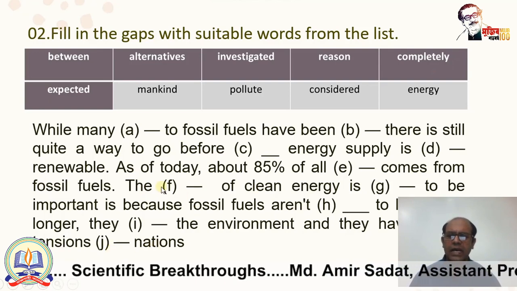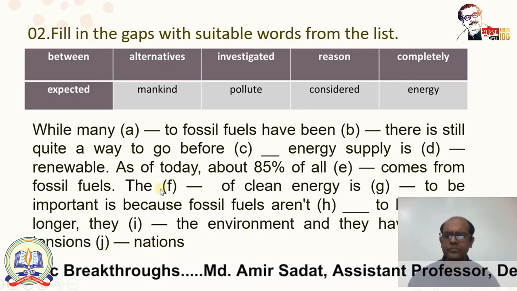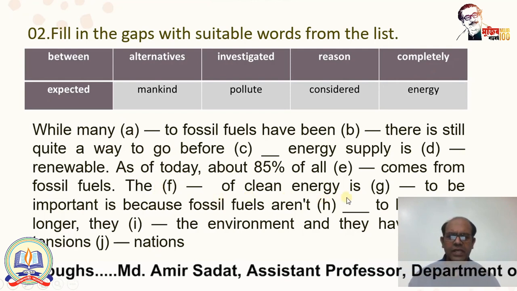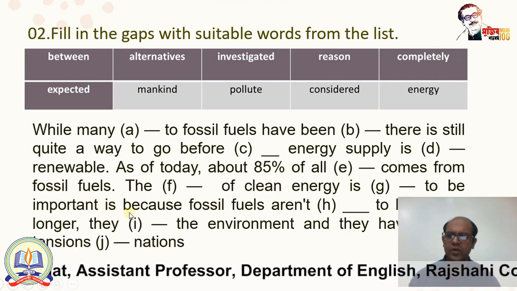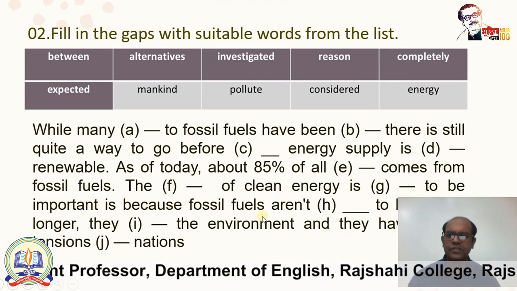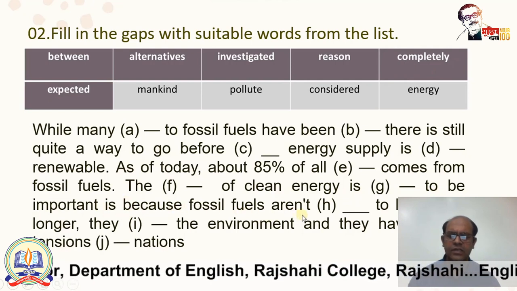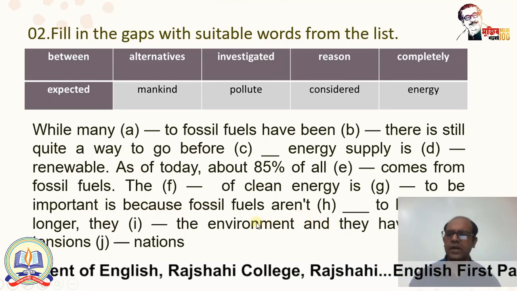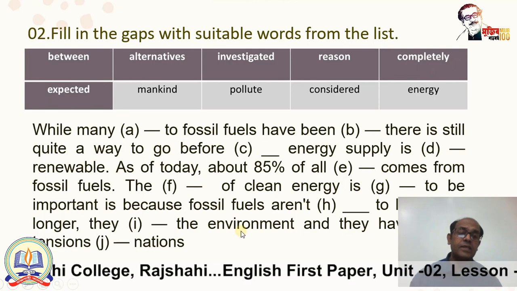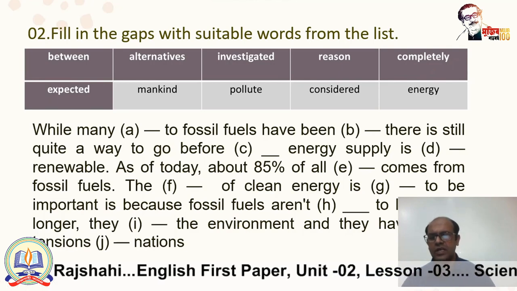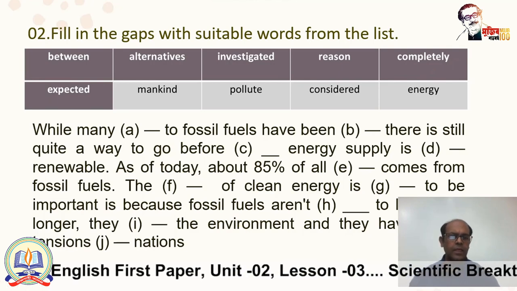So I repeat the last lines. The reason clean energy is considered to be important is because fossil fuels aren't expected to last much longer. They pollute the environment and they have led to tensions between nations.